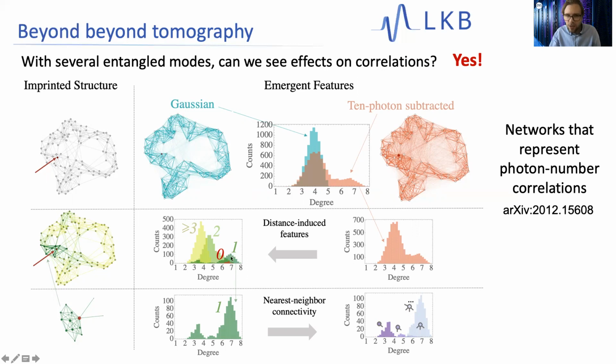Then we found that there is this kind of funny structure that appears at distance 1. You have a lot of the correlations that are boosted, but some of them are not boosted at all. And we found out that this depends on the structure that you have in the subgraph of distance 1 vertices. So it depends on how these different modes are connected among each other. Basically, if many of your nearest neighbors are connected to each other, you will get a lot of increase in correlation.